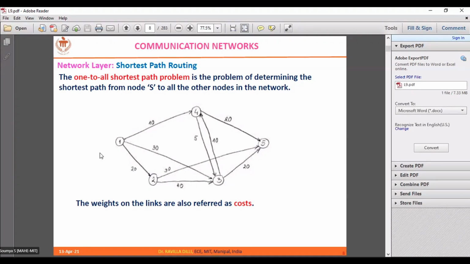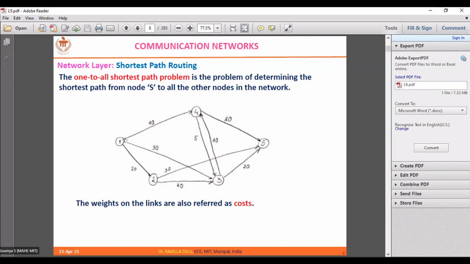Right? The first thing that I will see is whether there is a direct connection from point 1 to point 5. There is no connection. Right?